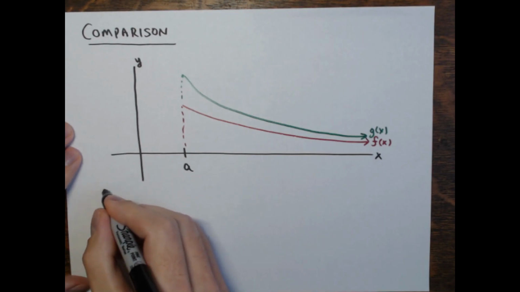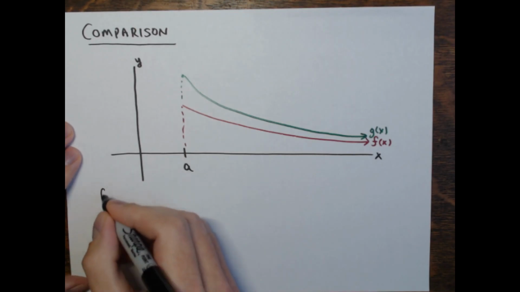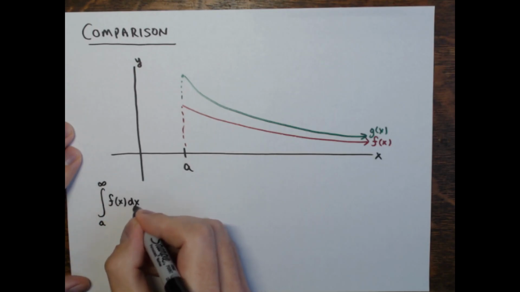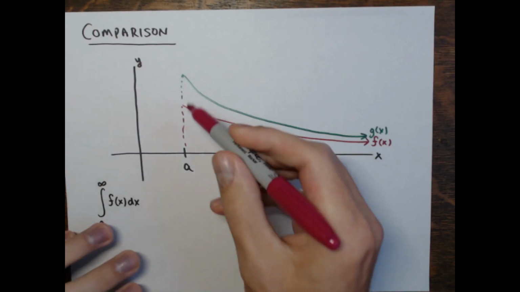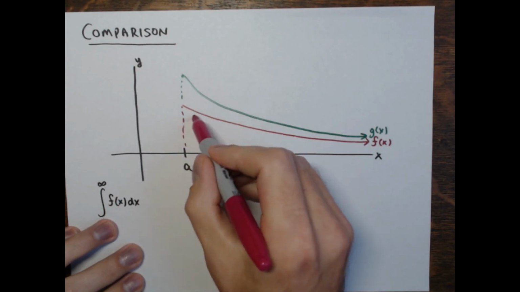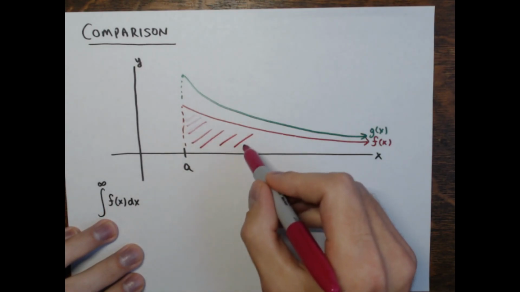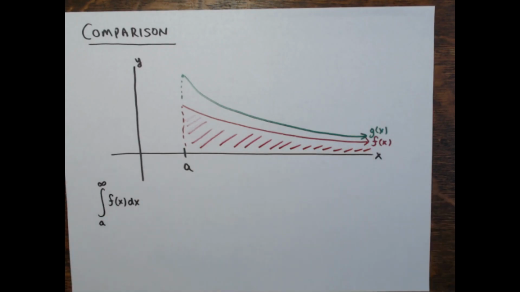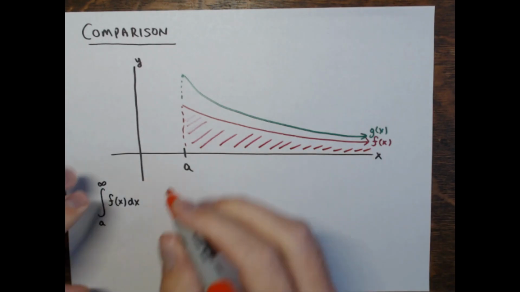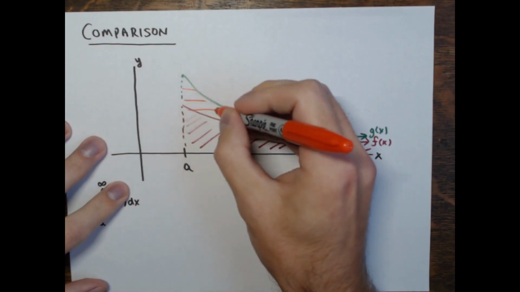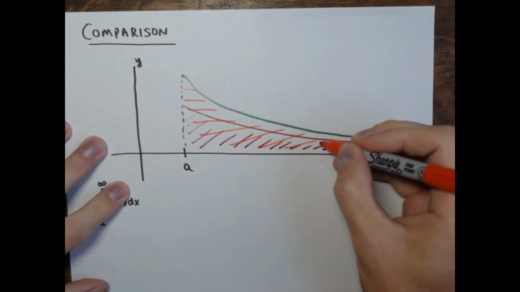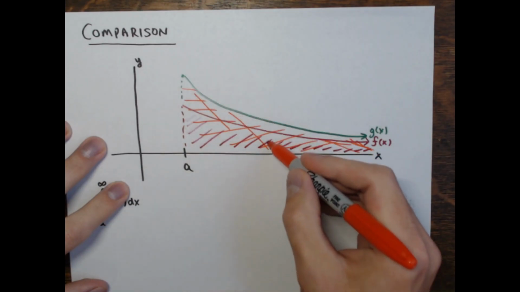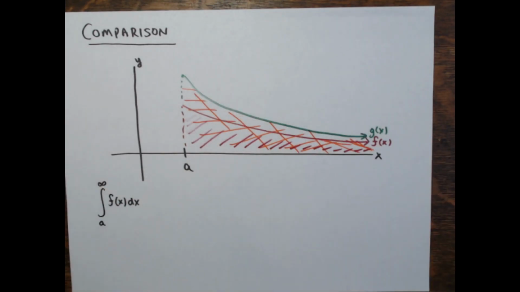Now the integral from a to infinity of f would be this area here, going to the right forever and getting thinner and thinner. And then the area under g would be this area here, which is bigger. It's taller.